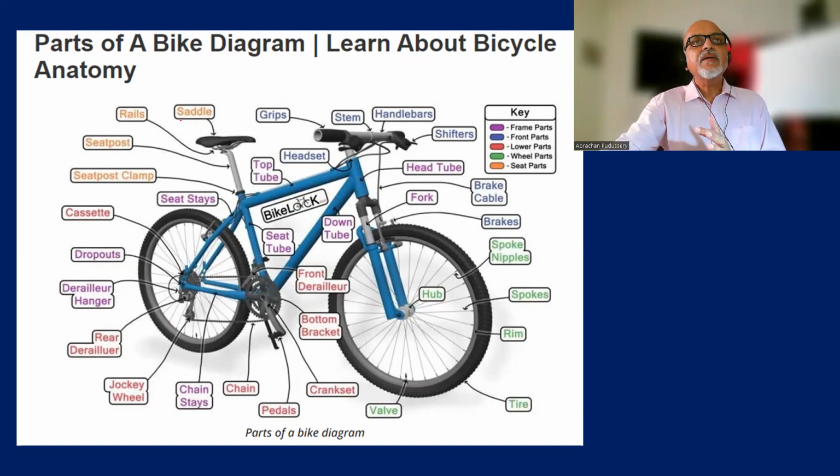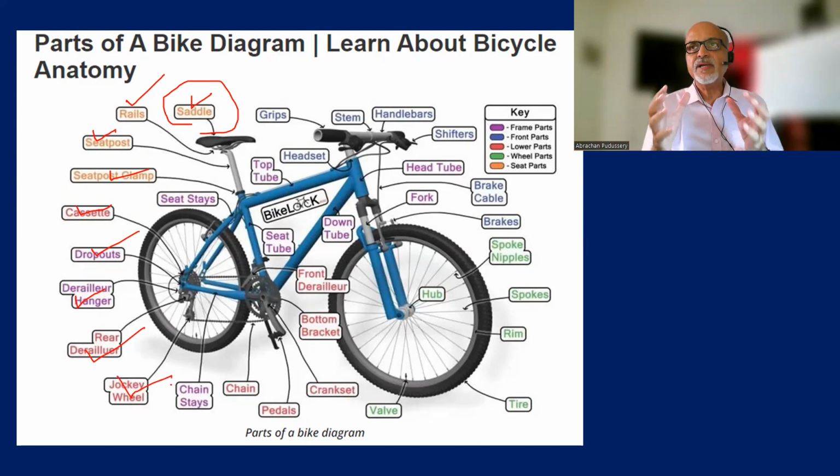It is just the components that get into the final product: rails, saddles, seat post clamp, cassette, dropouts, derailleur hanger, rear derailleur, jockey wheel. So this is just a breakup of the components that get into the product. We call it the product breakdown structure.